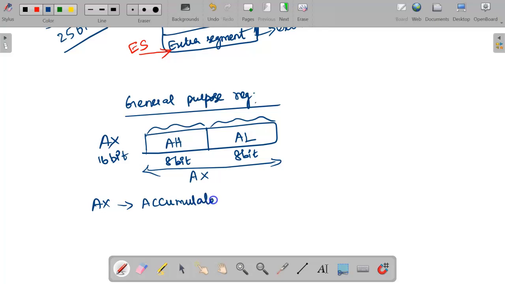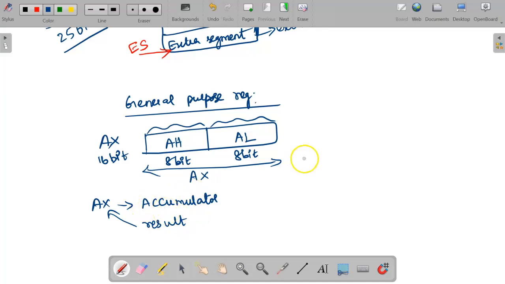Coming to the AX register, it is actually named the accumulator. Accumulator in the sense that whenever we do some arithmetic or logical operation, the result will always be stored in the AX register. Hence the AX register is also called the accumulator. And in most operations, one of the operands is always stored in the accumulator.